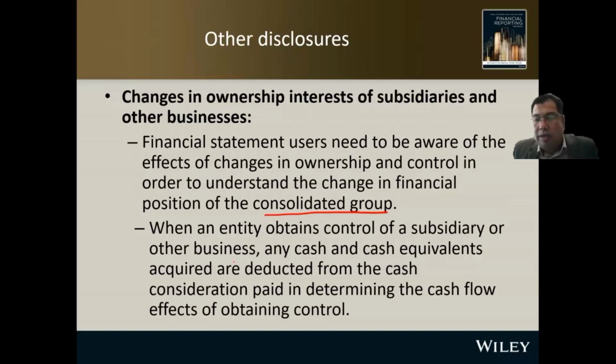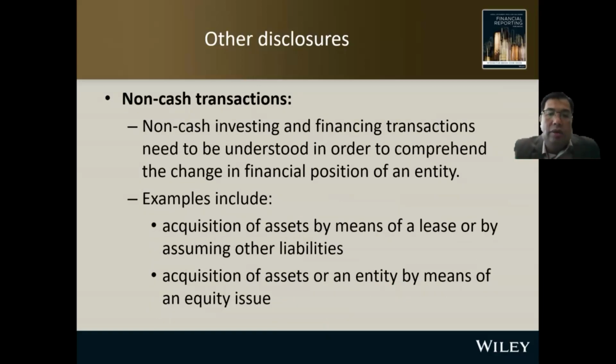So maybe we have a parent and subsidiary relationship there. When an entity obtains control of a subsidiary or other business, any cash or cash equivalent acquired is deducted from the cash consideration paid in determining the cash flow effect for obtaining the control. We're going to discuss that later on.